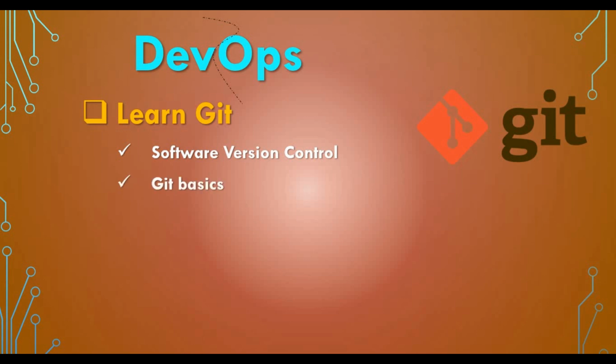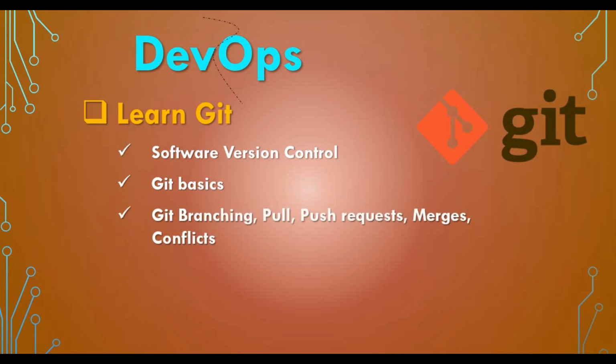So you need to understand the complete basics of Git: how you can create local repositories, how to push them to remote repositories, how you can create branches, how you can create pull requests, push requests, and merges. There are a lot of conflicts, and how that happens. So start using some remote repositories like GitHub or GitLab.